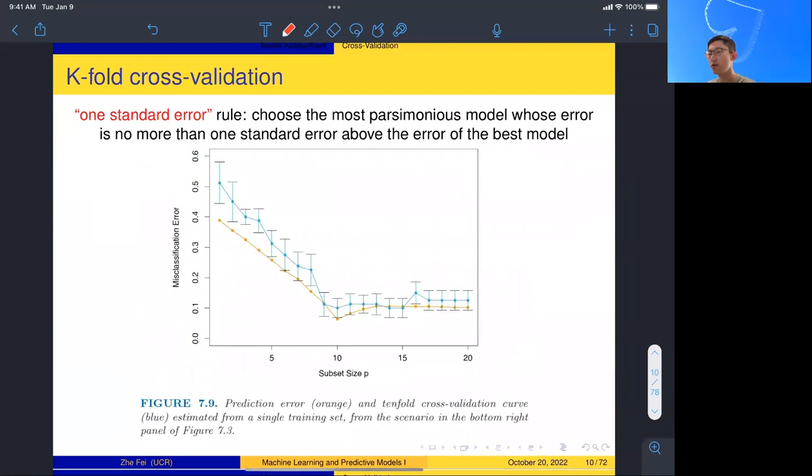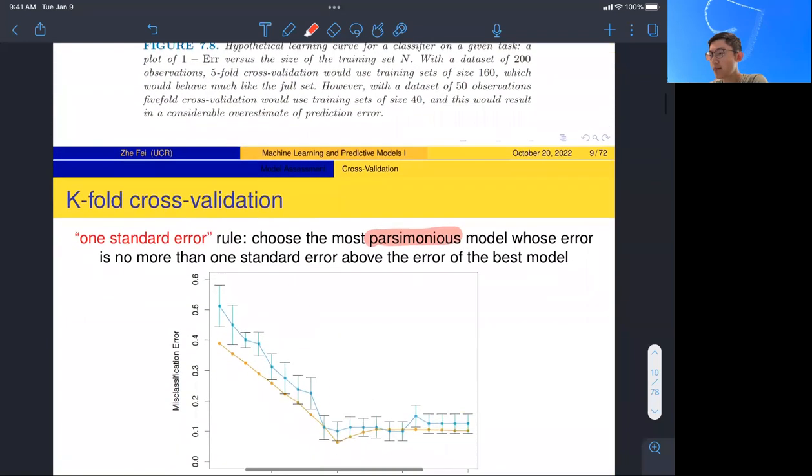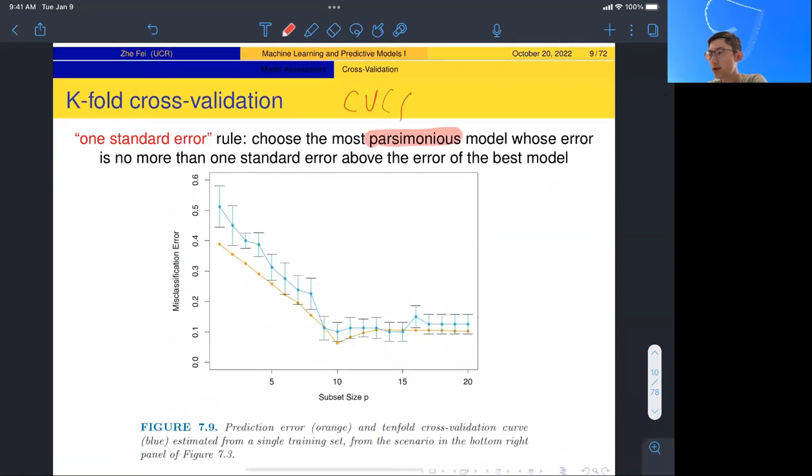And another thing with picking the final model: there's a so-called one standard error rule. I think it's also very important in real-world applications, because we emphasize parsimony. Come back to this CV hat alpha function. You might have the alpha hat that minimizes this cross-validation error.